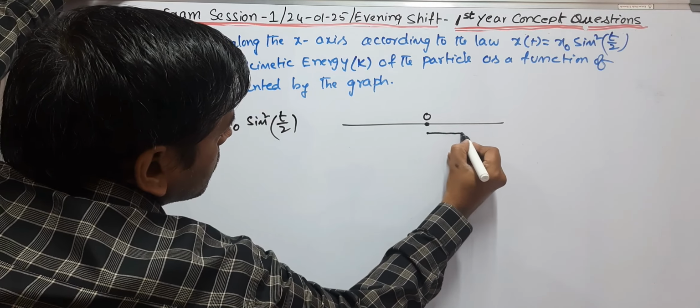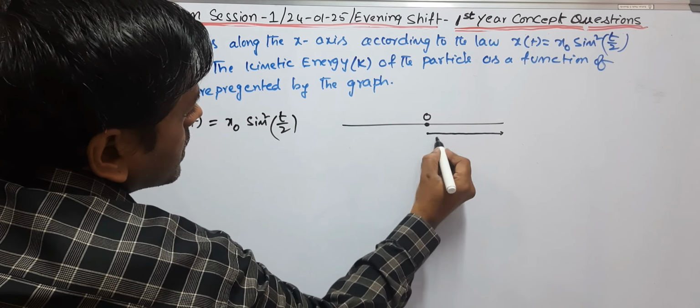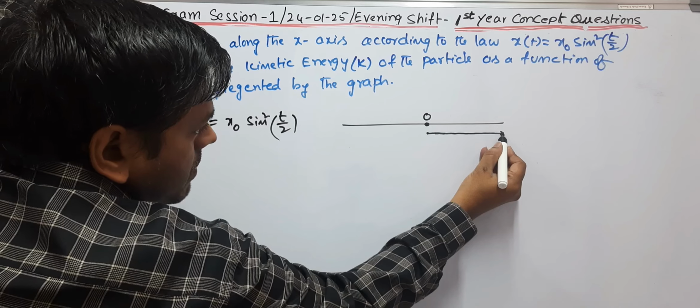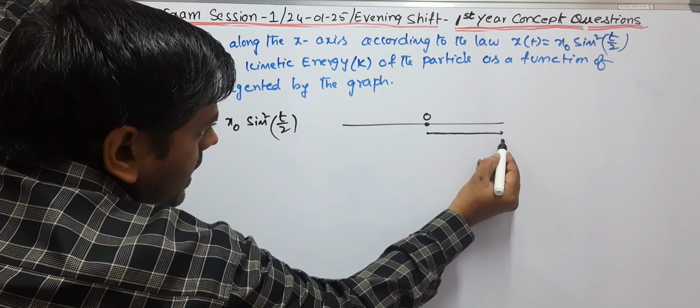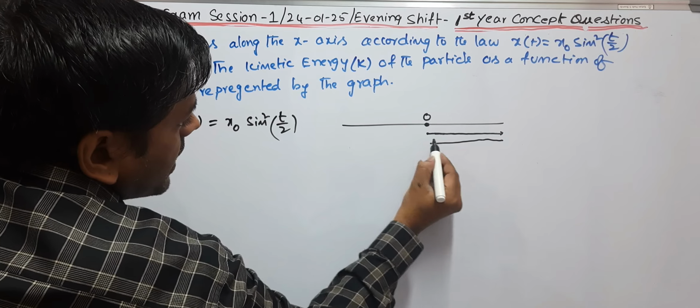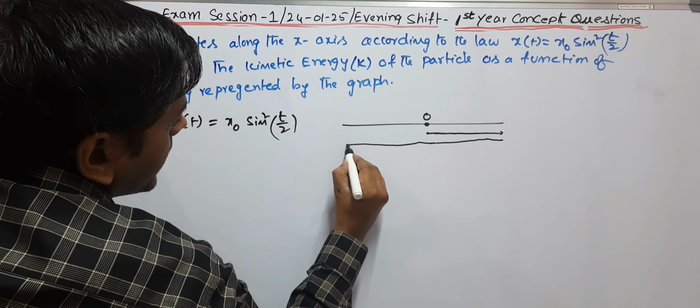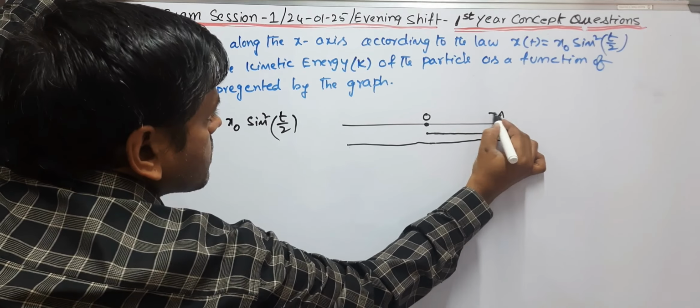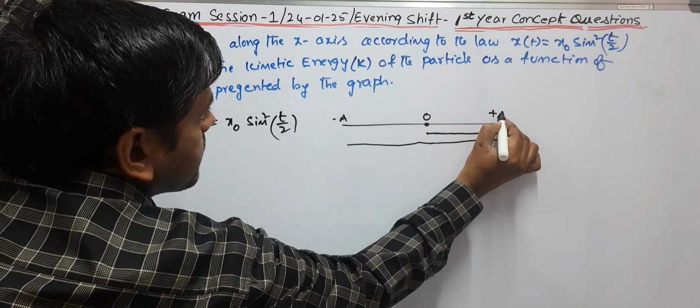With respect to this mean position, the particle executes motion, that means it starts its motion. Its velocity gradually decreases and becomes 0 at its maximum displacement, and then on the return journey it possesses maximum velocity while crossing this mean position, and gradually decreases and becomes 0 at the other extreme, this is plus a, this is minus a.